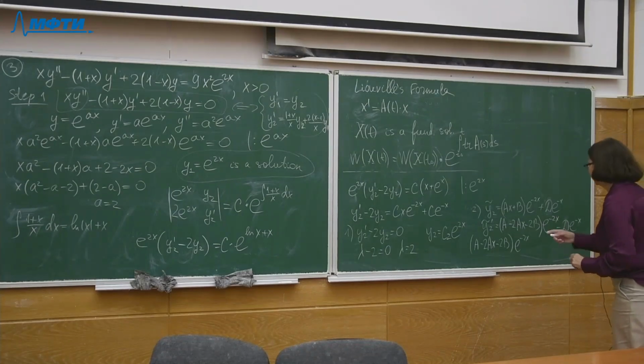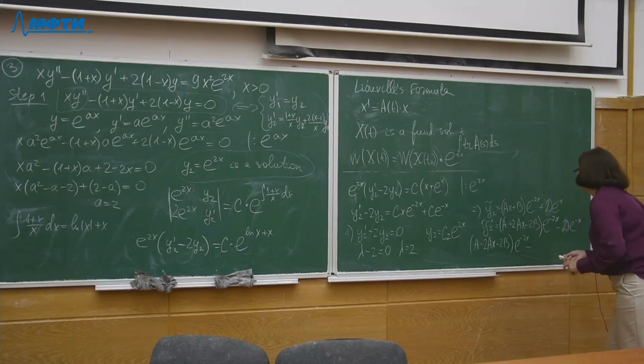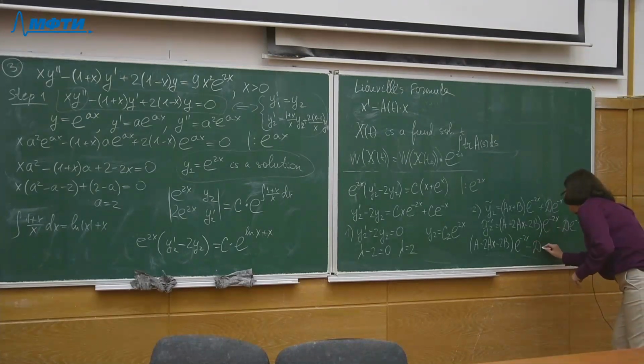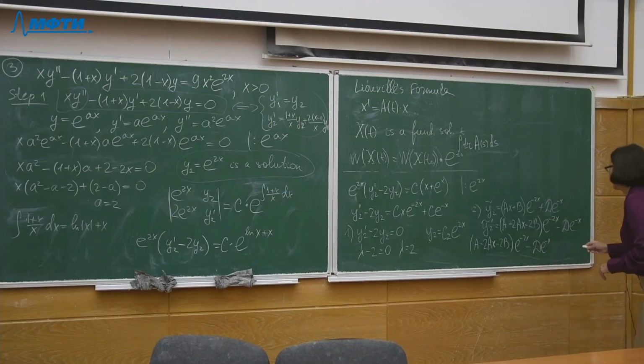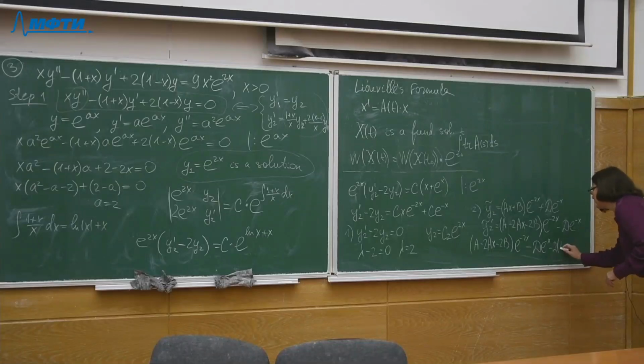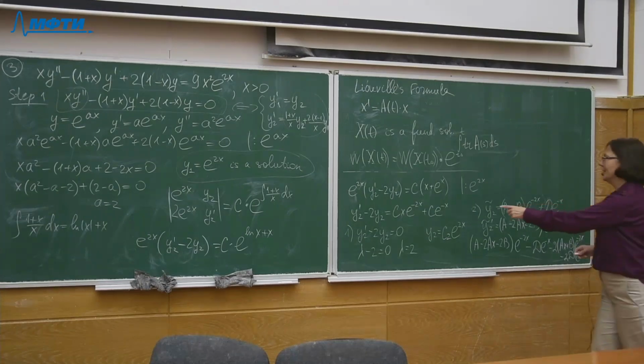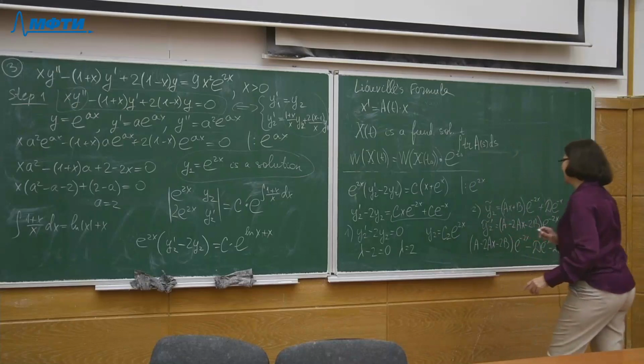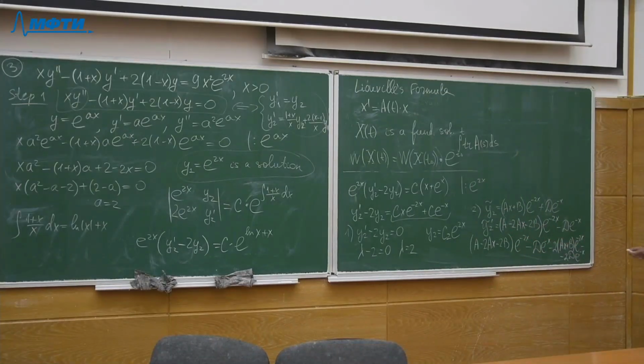Minus d e to negative x minus 2y2, which gives minus 2 times (ax plus b) e to negative 2x minus 2d e to negative x, and it must be equal to this expression.